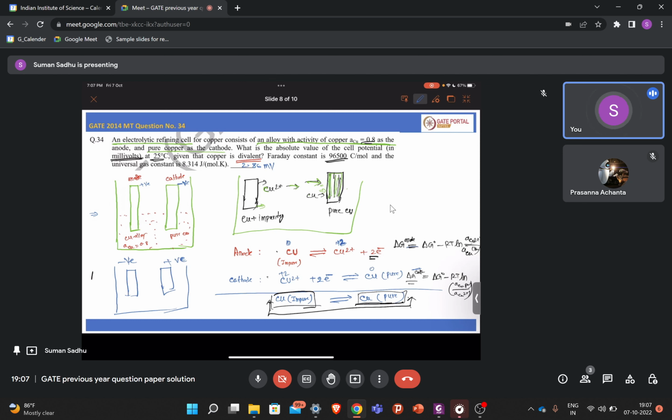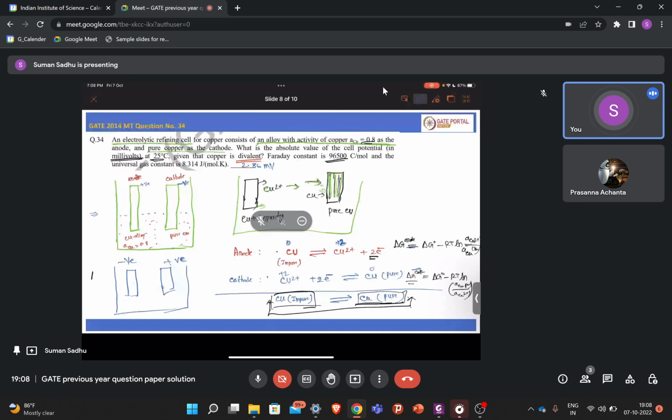If you think about whether oxidation or reduction is taking place at the anode, you will get confused. But if you know how electrolytic refining works, then you can simply write the reaction, see where oxidation and reduction are taking place, and write the delta G and Q value. Even if you forgot everything, if you follow the simple concept, you can solve the question.